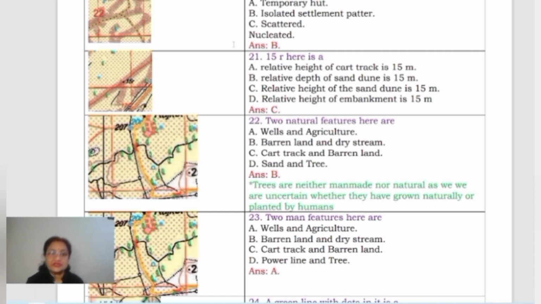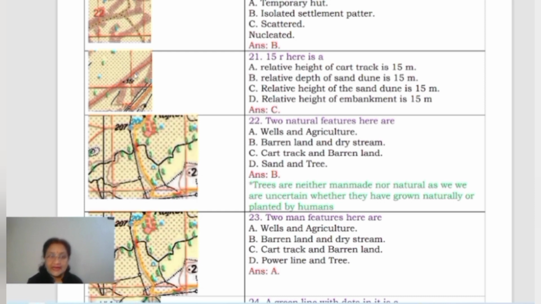Now you can see here children, the next question, question 21, 15R. What does this 15R indicate? You can see small dots very close to each other, and over that 15R is written. It is actually the relative height of the sand dune.